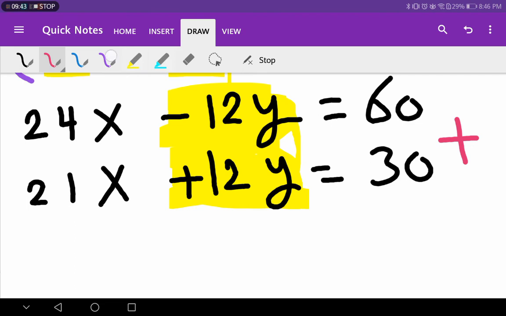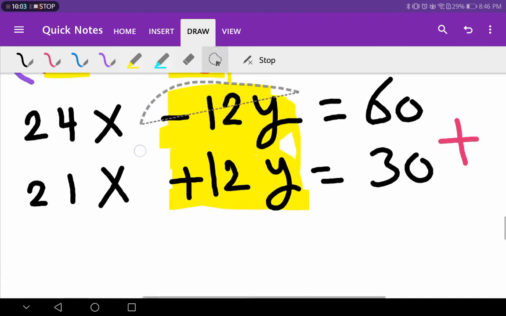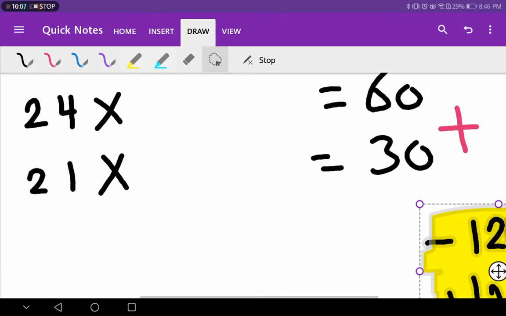Because I make sure the y's have the same number but with different signs. So I need to add only. Because of that, this will be eliminated.